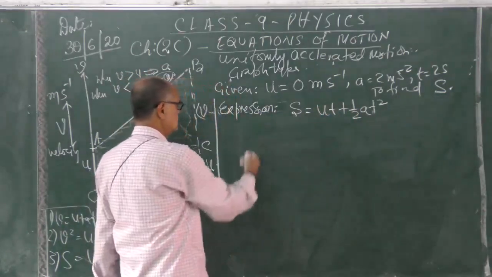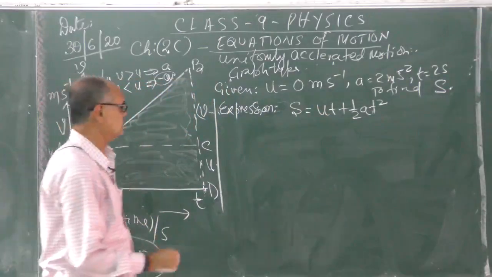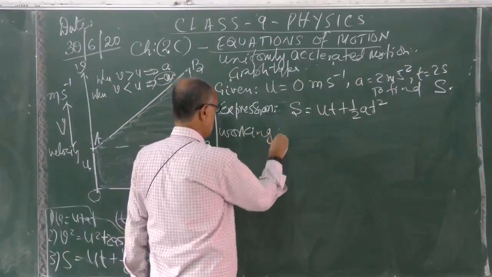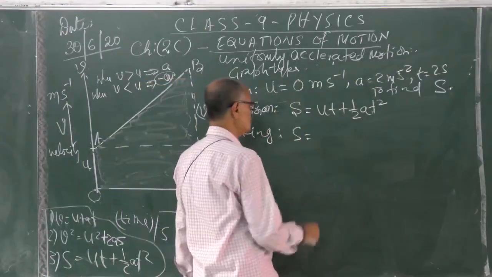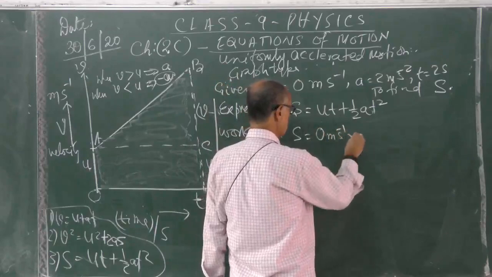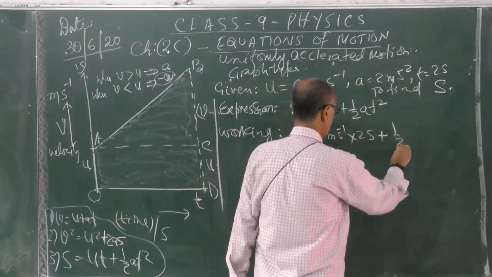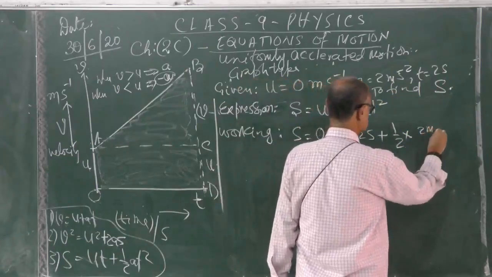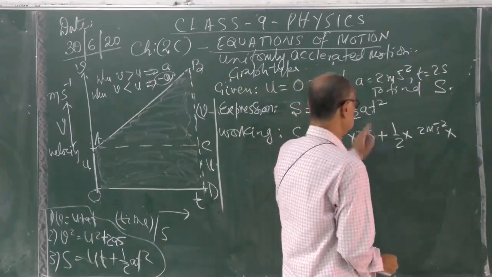After writing this, you have to input the values and do the working. So the third step is the working procedure. How you are working is important. That is, S is equal to u, which is already 0 meter per second, multiplied with the time taken, 2 seconds, plus 1 by 2 into a, which is 2 meter per second square, multiplied with t square.